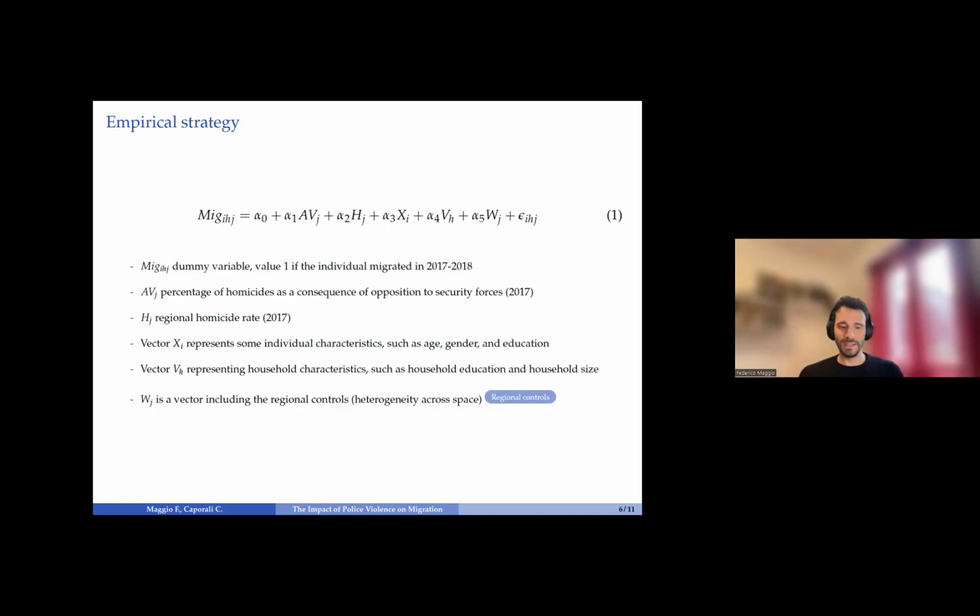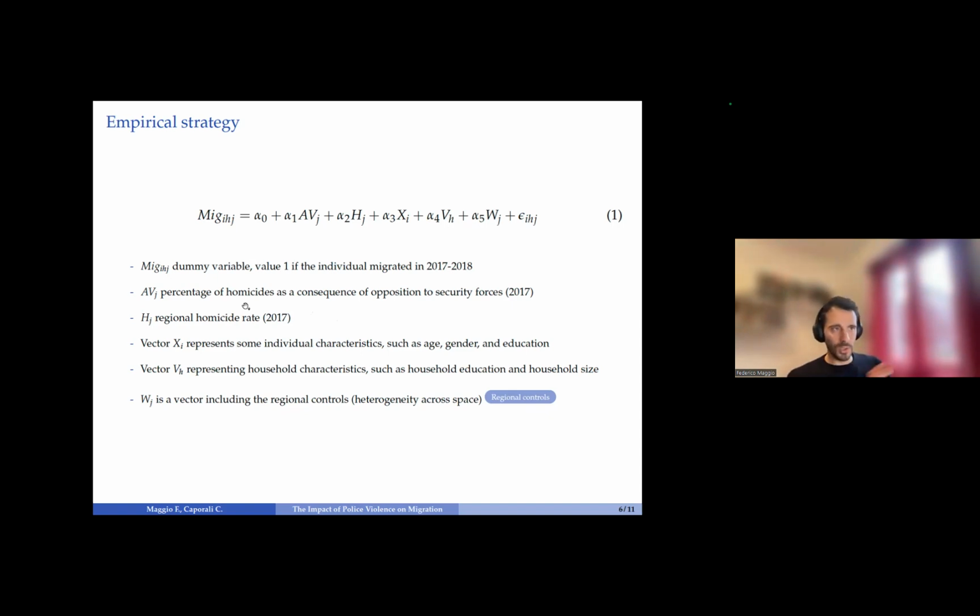Given that we couldn't obtain data on several years for state violence, our empirical strategy exploited the cross-sectional variation of the state violence. In particular, we estimate the effect of authoritative violence on migration using this model. The dependent variable is a dummy variable which takes value 1 if the individual migrated between 2017 and 2018. Our variable of interest is the percentage of homicides committed by security forces, while we control for the total level of homicides.